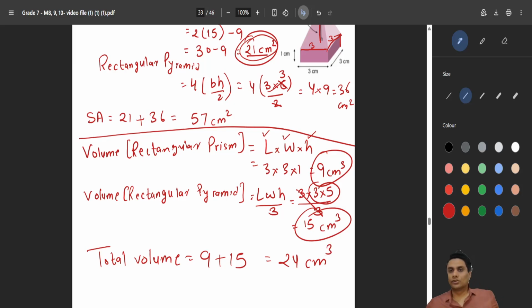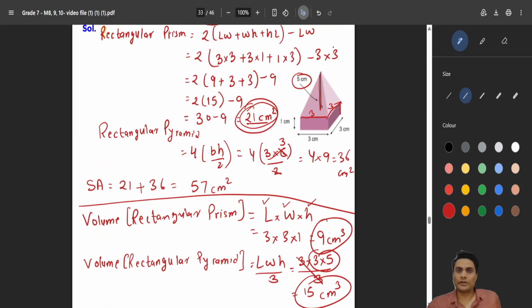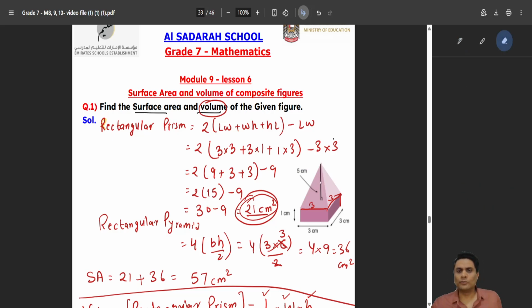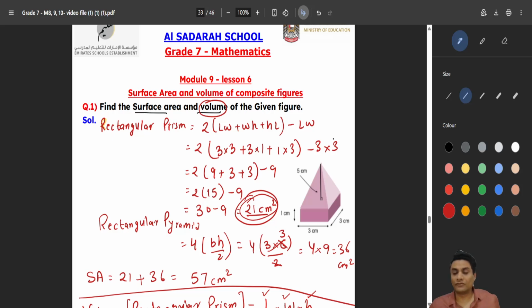Okay? So what is the difference between this lesson and the last lessons we have done? In composite figures, volume is similar. In the volume, you just have to remember the formula, find the volume and add. But when you do surface area, you have to find out the surface which is hidden now.